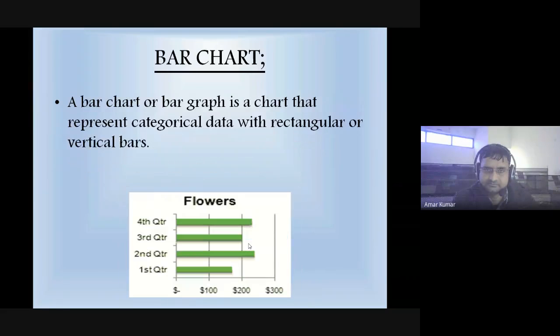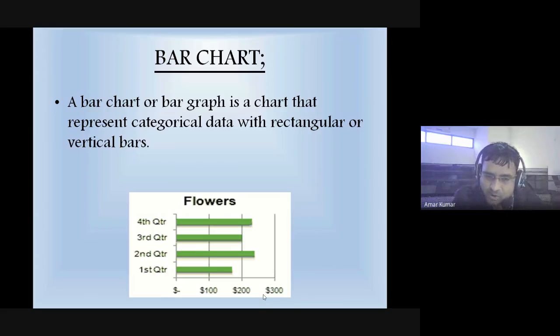Now, the next one is the bar chart. A bar chart or bar graph is a chart that represents categorical data with rectangular or vertical bars. Here is the flowers example. On the left side, vertically, there are the first quarter, second quarter, third quarter, and fourth quarter.